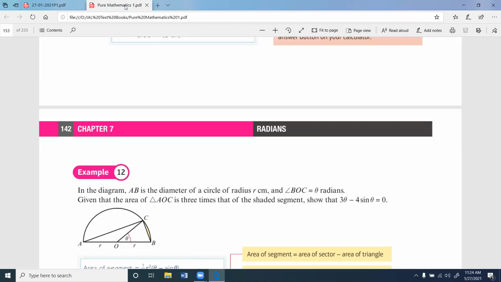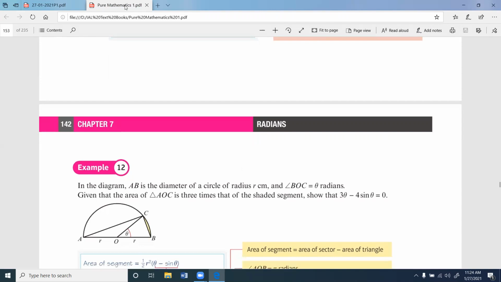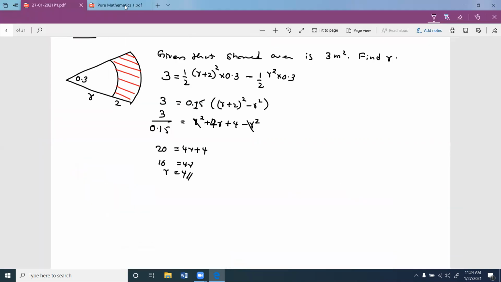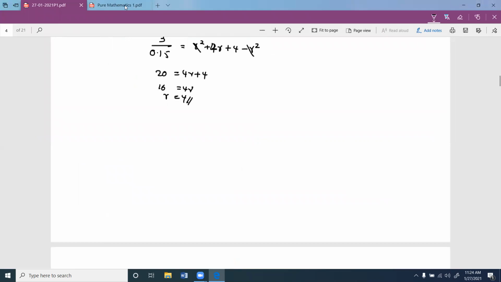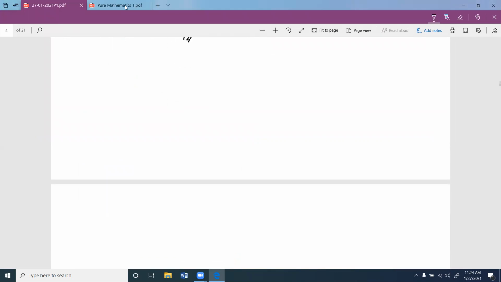Given that area of AOC is 3 times the area of the shaded region, show that this. Let's go ahead with this and see how to do this kind of a question. Just use a new page.